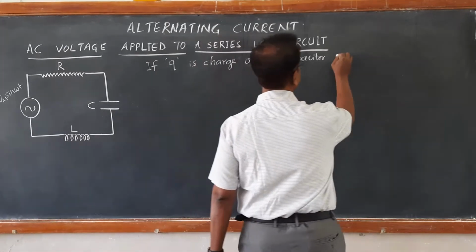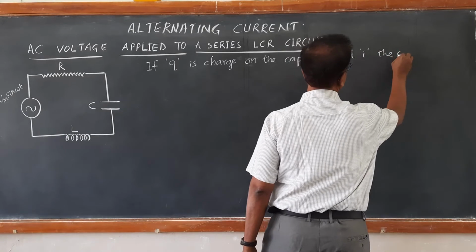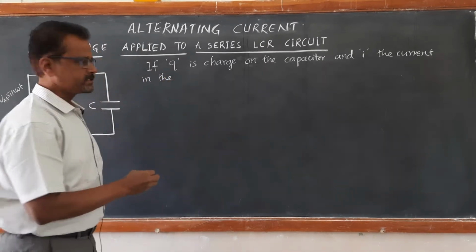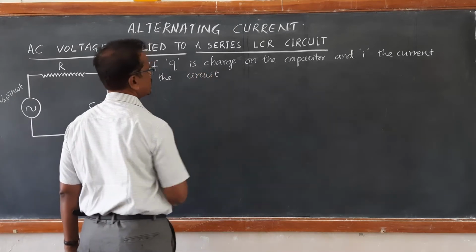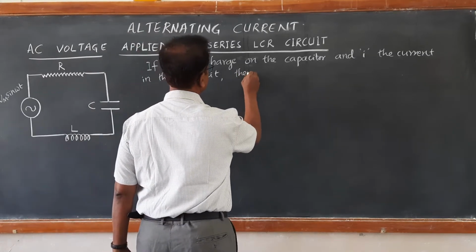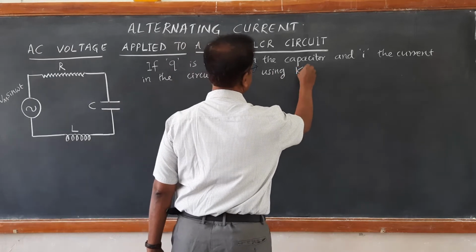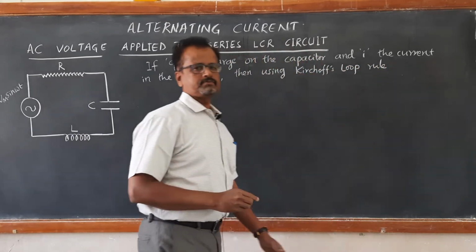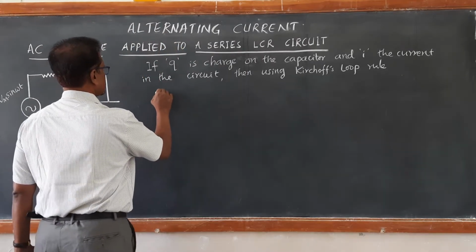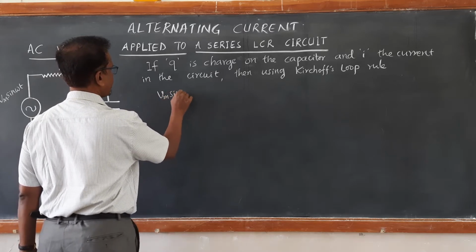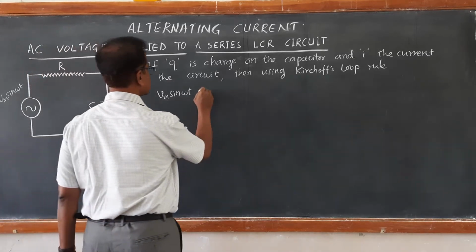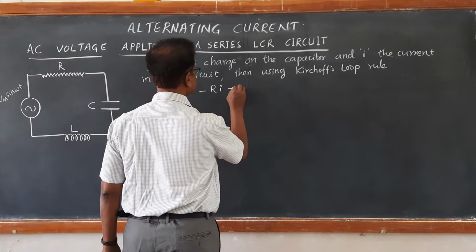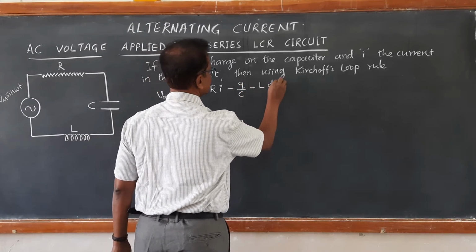and I the current in the series LCR circuit, then using Kirchhoff's loop rule or voltage law, we can write the source voltage Vm sin omega t, minus Ri, where I is the current through the resistor, minus Q by C, minus L di by dt.